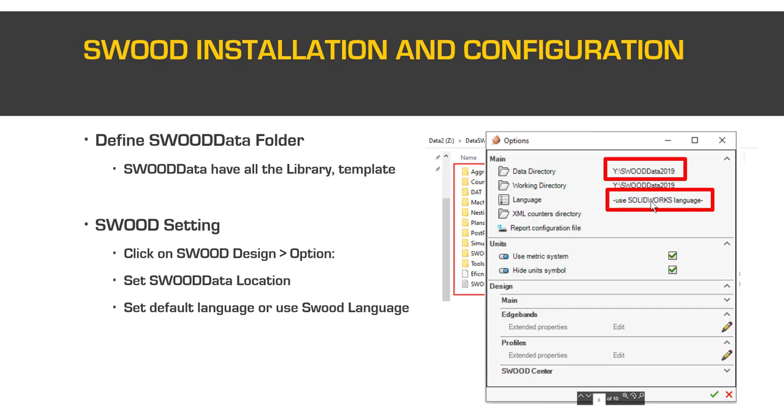And of course, if you want, you can choose a different language than SolidWorks. The other important thing to configure is the metric system. If in your country you use the metric system, not inches and feet, here you should choose use metric system. And of course, you can hide the unit symbol during creation as you want.